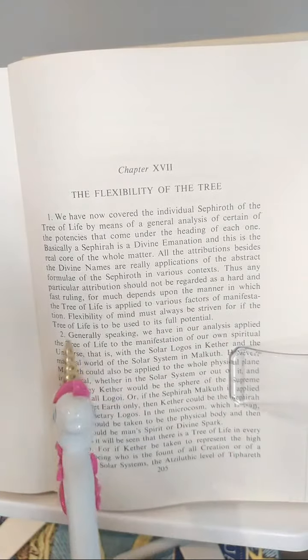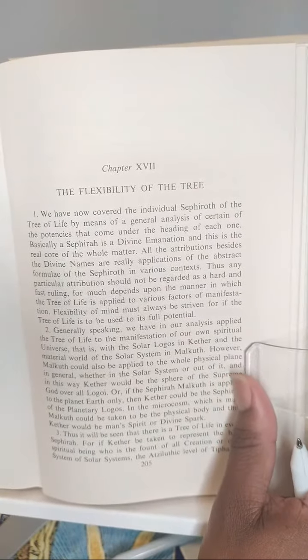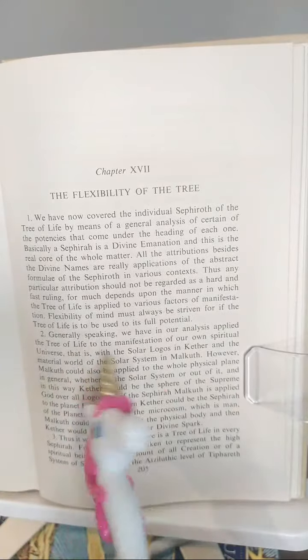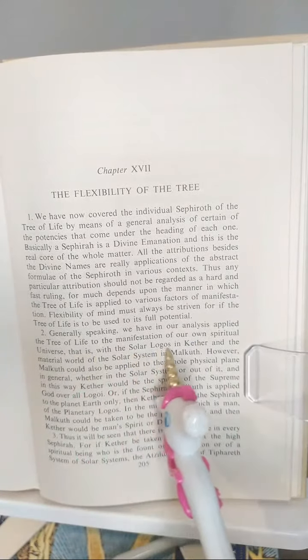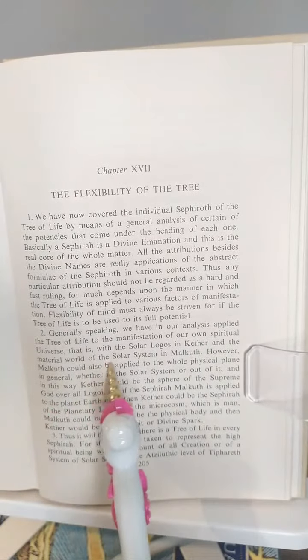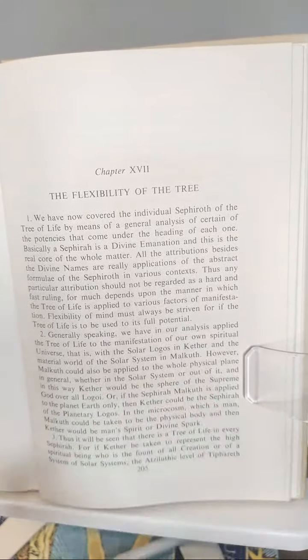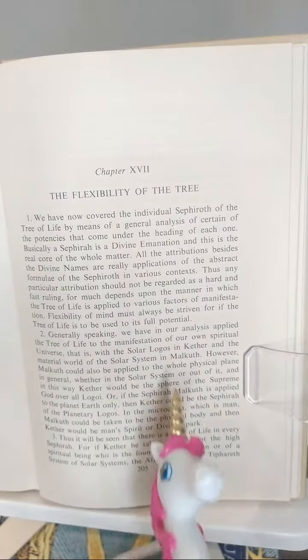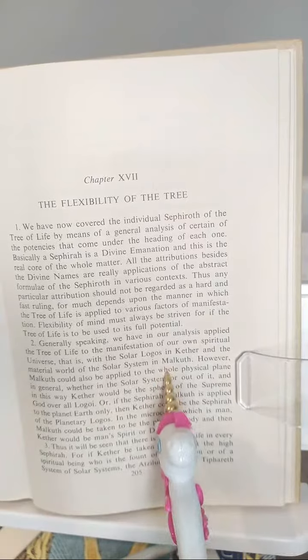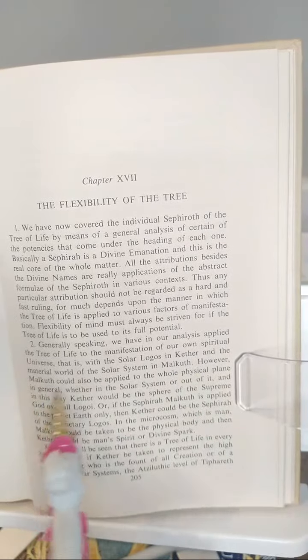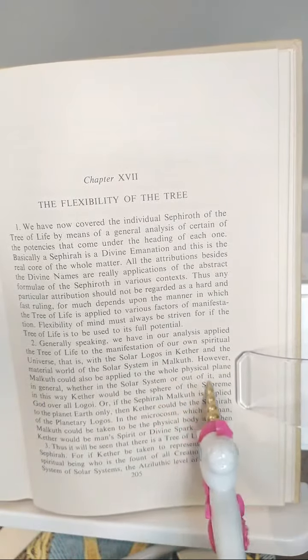2. Generally speaking, we have in our analysis applied the tree of life to the manifestations of our own spiritual universe, that is, with the solar logos in Kether and the material world of the solar system in Malkuth. However, Malkuth could also be applied to the whole physical plane in general, whether in the solar system or out of it.